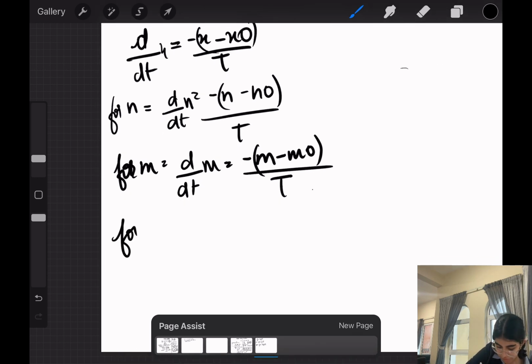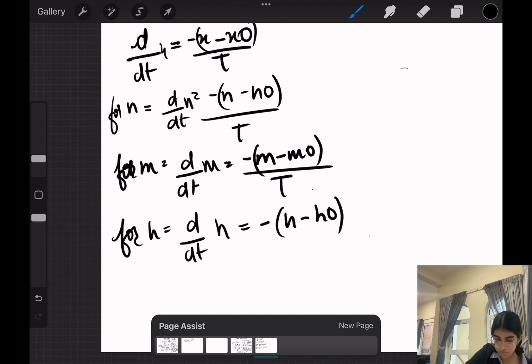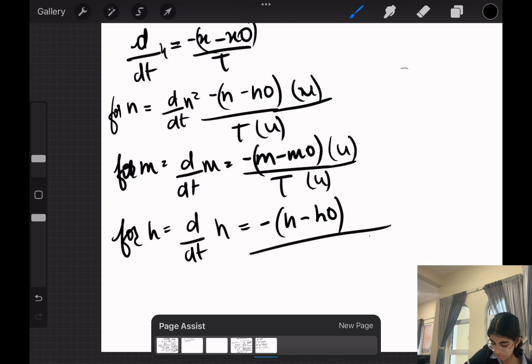For h, it would be dh by dt equals minus h minus h0, and they were all divided by tau, which depends on the voltage.